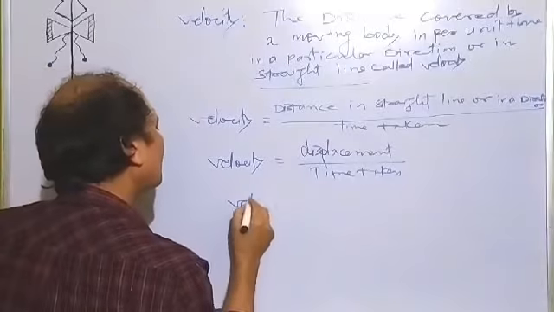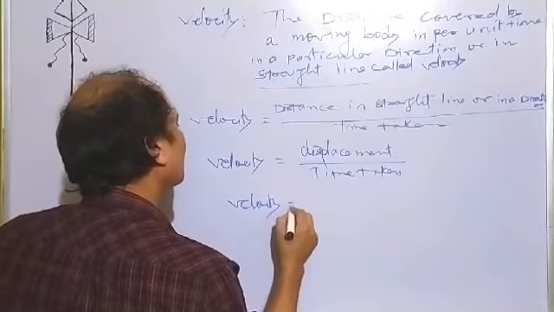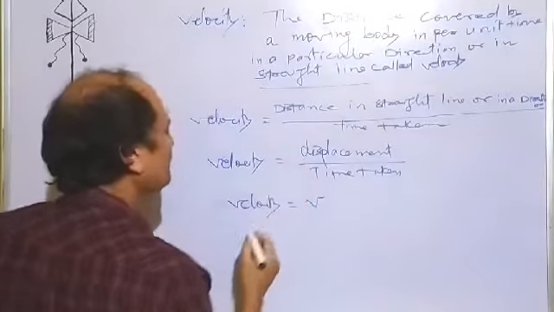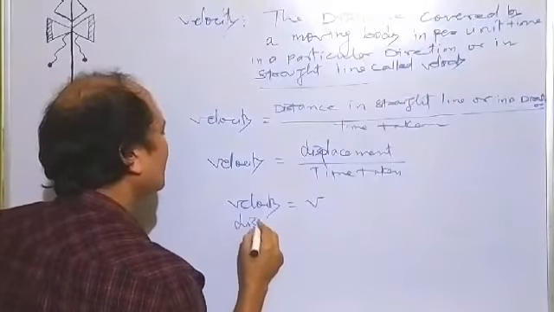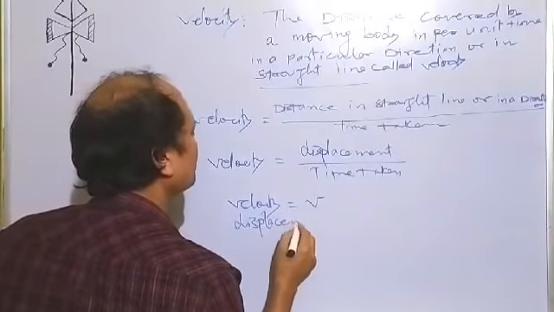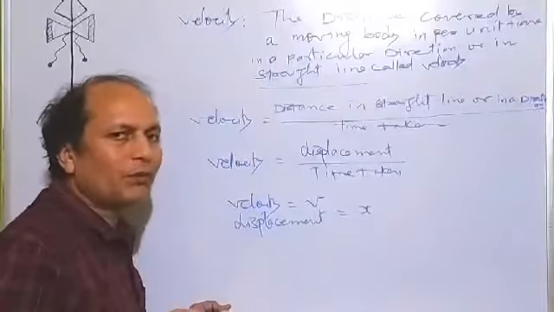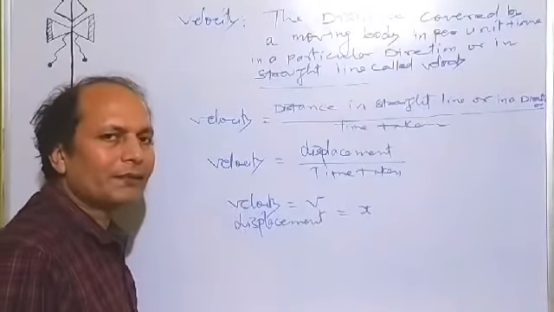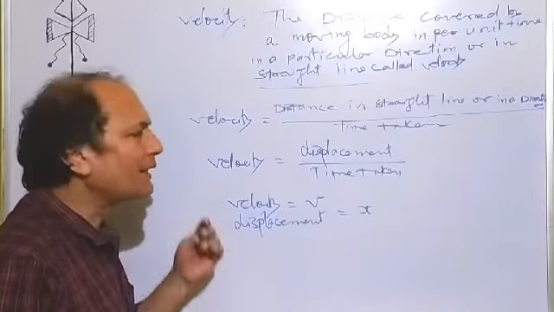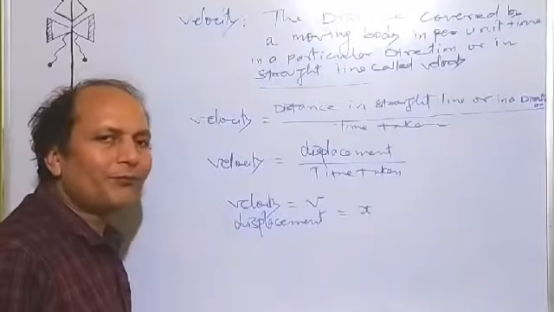Now velocity is denoted by v, displacement is denoted by x, but in your book it is denoted by s, just like distance, so you will not be confused.